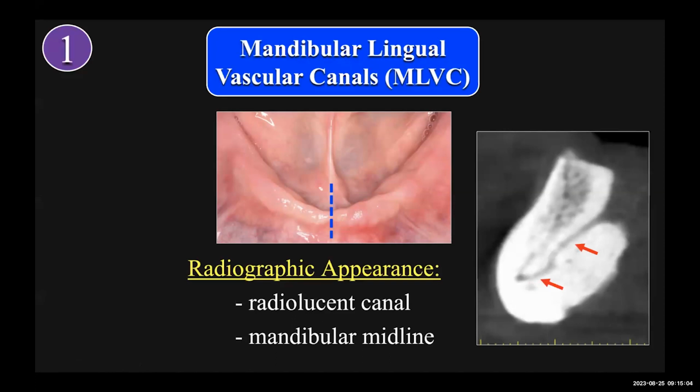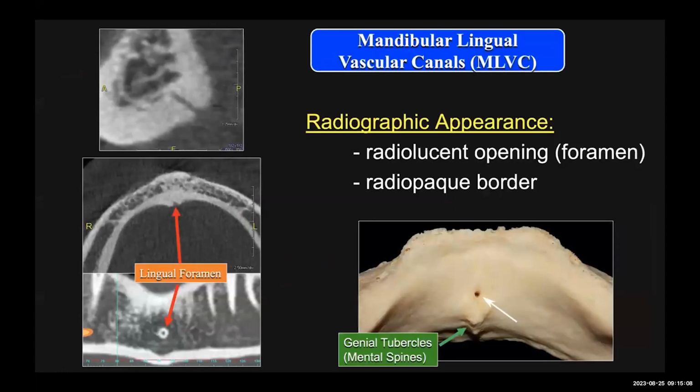So it's a radiolucent canal. It's in the midline most commonly. And where it comes in is this area right here where I have the white arrow. That is called the lingual foramen. If you look at it radiographically on a panoramic CBCT, you'll see an opacity, which is the cortical bone around that foramen.